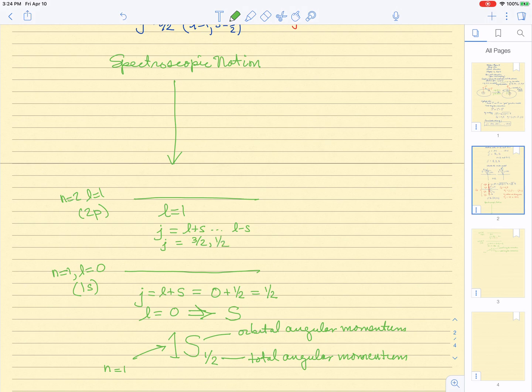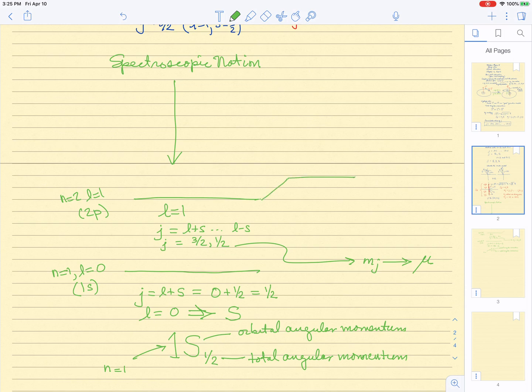So then this state's going to split. Again, this is going to give rise to m sub j's, okay, which will give rise to a magnetic moment, which will interact with the magnetic field generated at the electron from the nucleus.